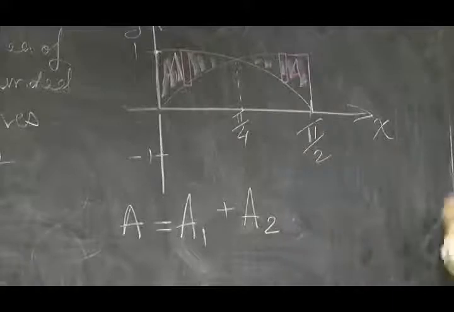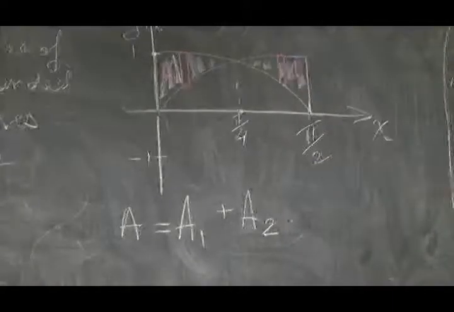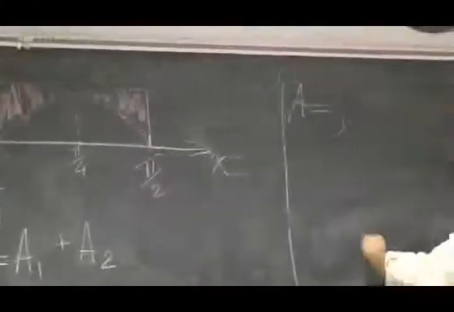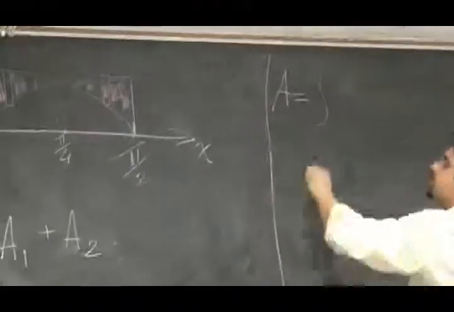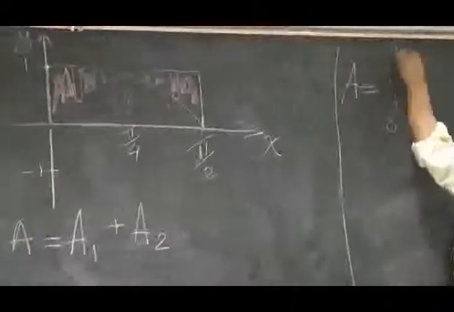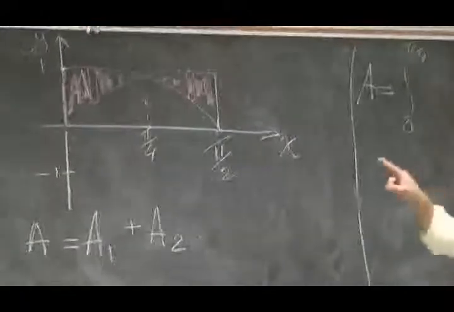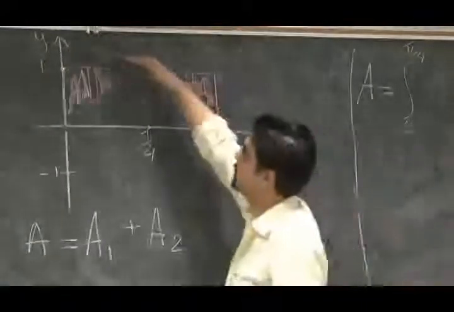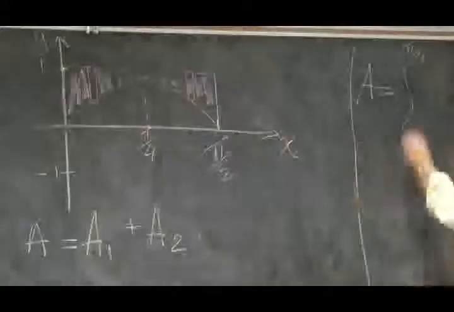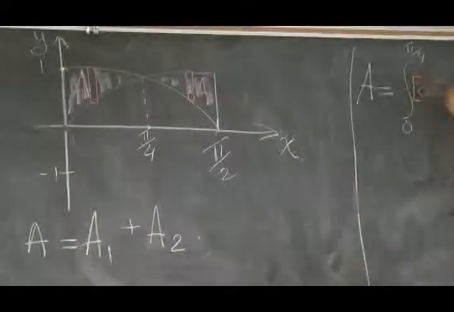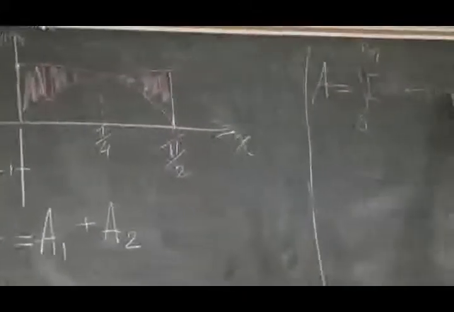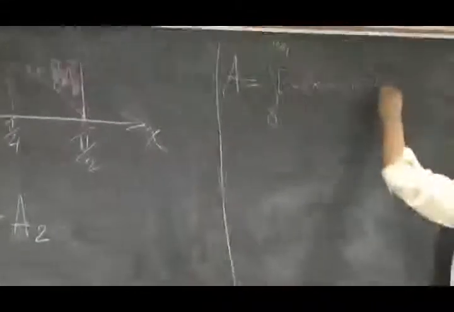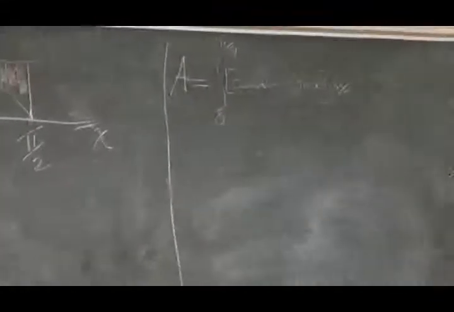Okay, so then let's write an integral to represent the A1 area. That integral spans the interval 0 to pi fourth. And within that interval, the top function is always which one? Cosine x. And the bottom function is sine x. That is A1.